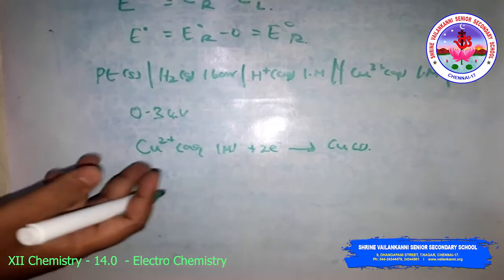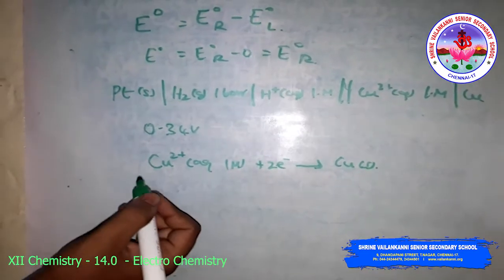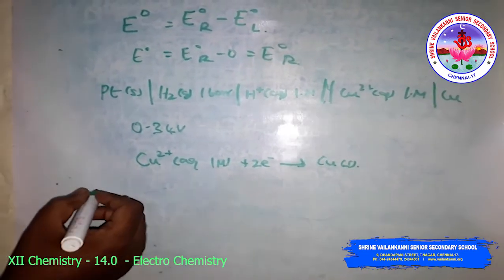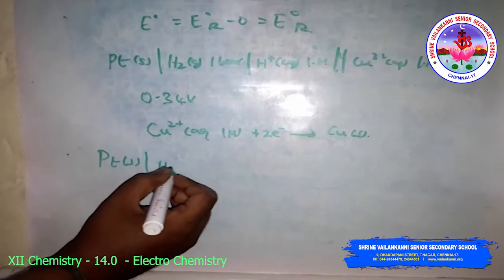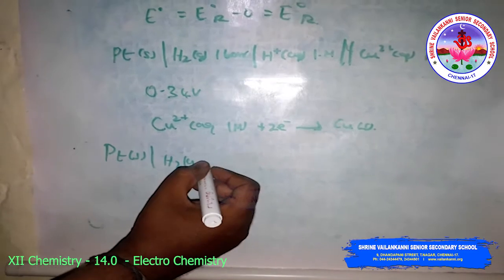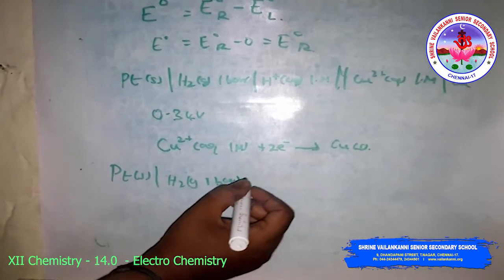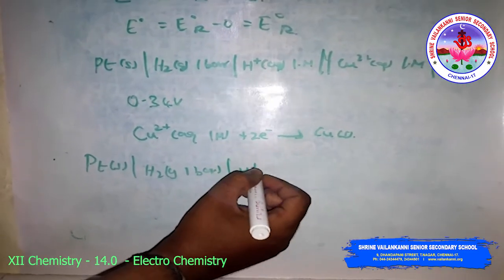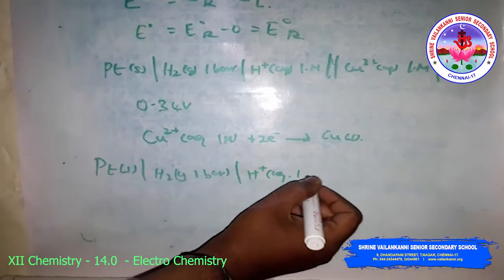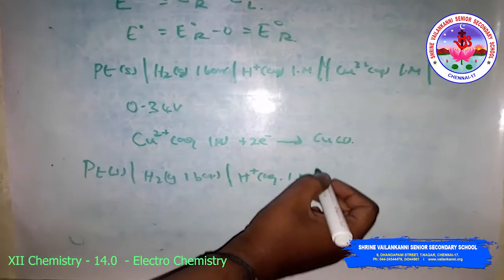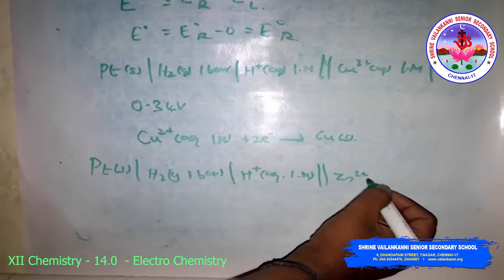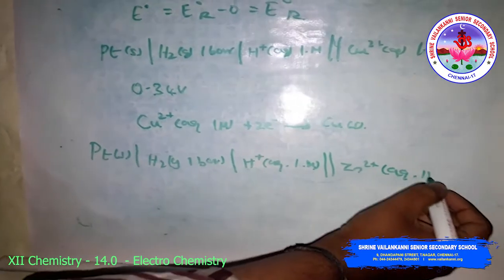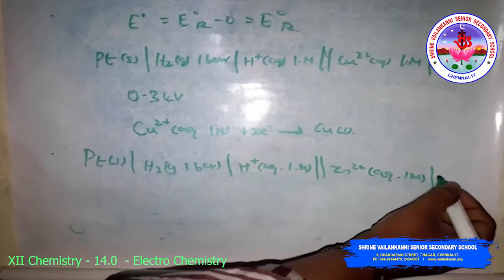Similarly, the measured EMF cell is Pt(s) | H2(g), 1 bar | H+(aq), 1 molar || Zn2+(aq), 1 molar | Zn(s).